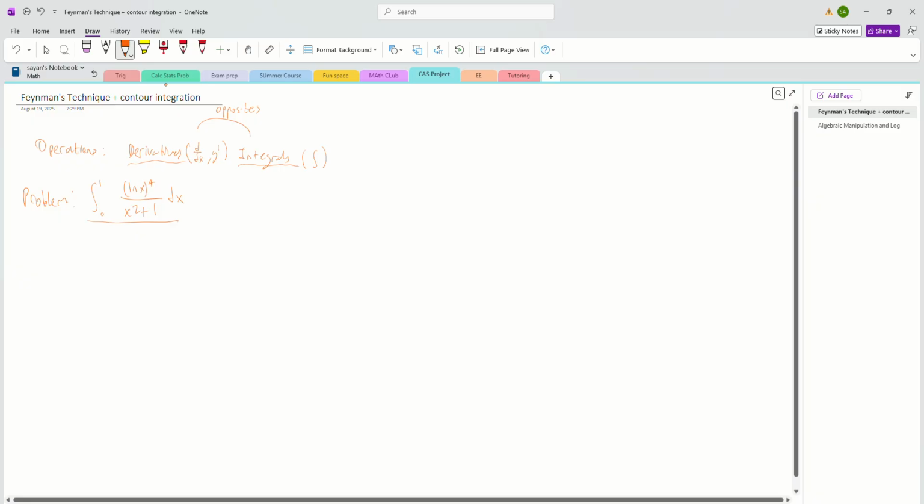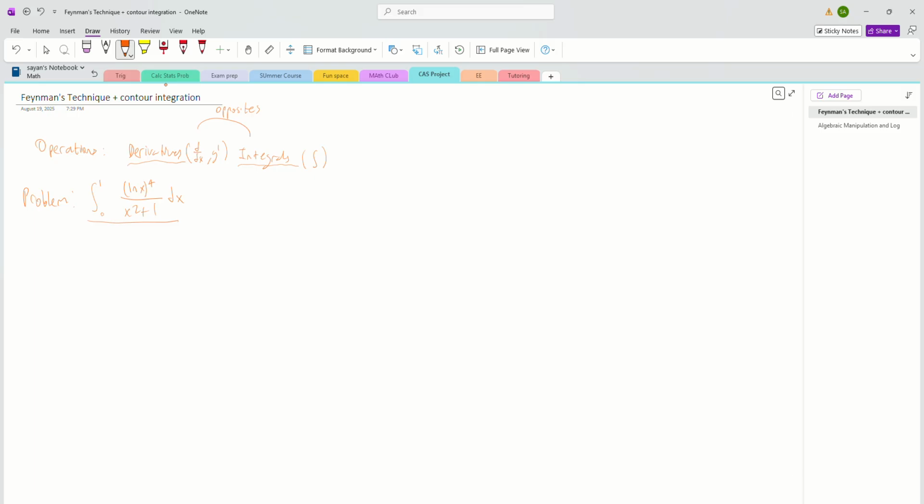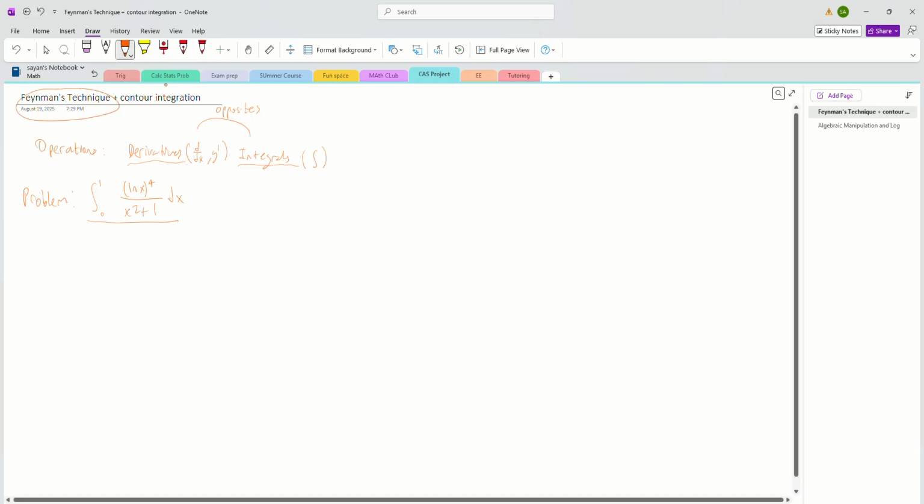You're building a contour in the complex plane, so you can do logarithms, but you have to do something called branch cuts, which is a little more advanced, and we're not going to deal with that right now. So the first thing is to get rid of the ln x, and in order to do that we are going to use Feynman's technique.